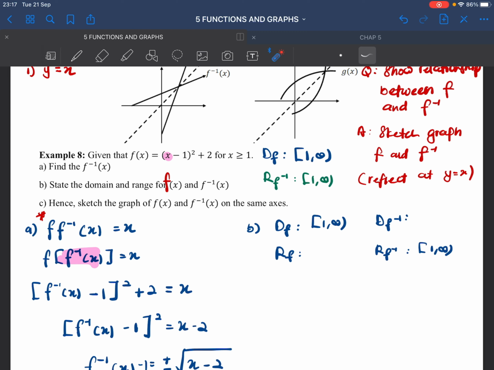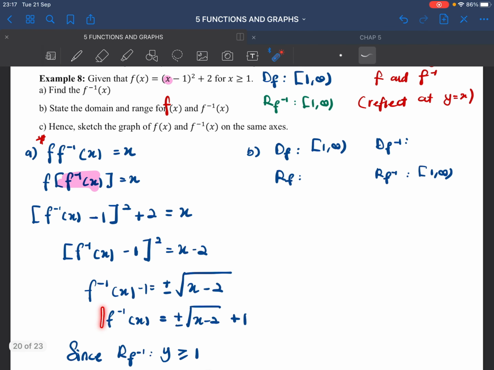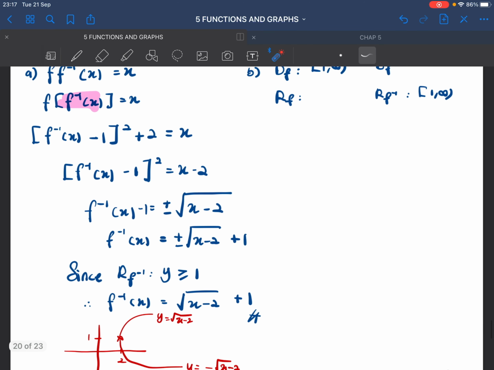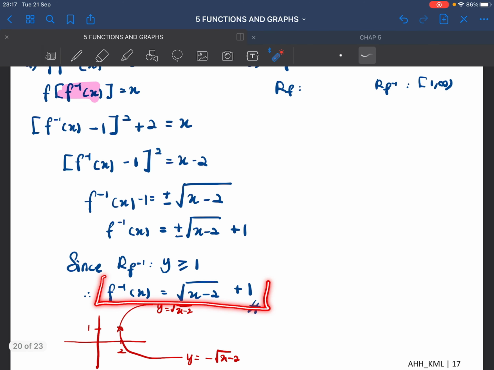So kalau kita fokus dekat fx kita untuk cari range kita, kita kena jadikan x kita subjek. Why not kita fokus dekat f inverse kita. Okay, so the condition here is our f inverse. Okay, condition yang kat dalam ni, since dia dalam square root, x minus 2 have to be greater and equals to 0.